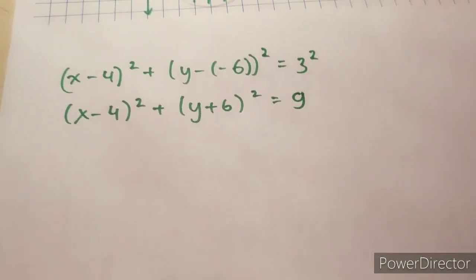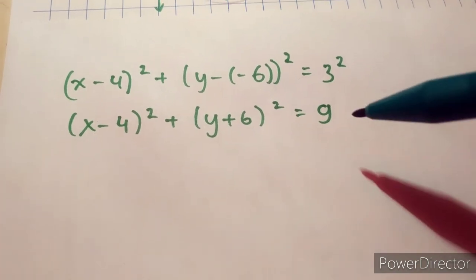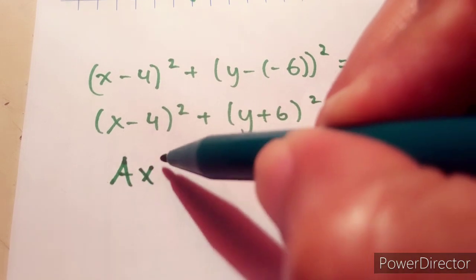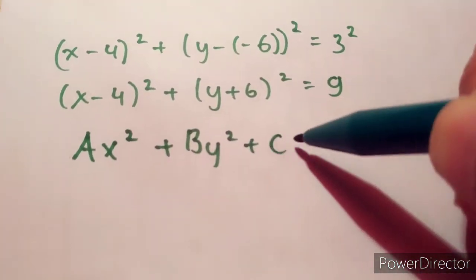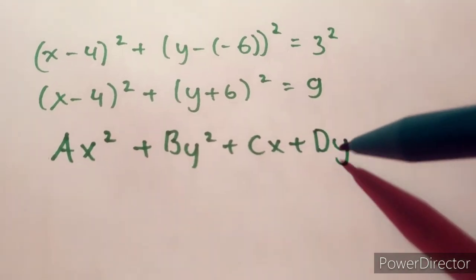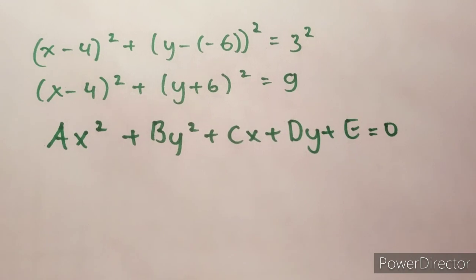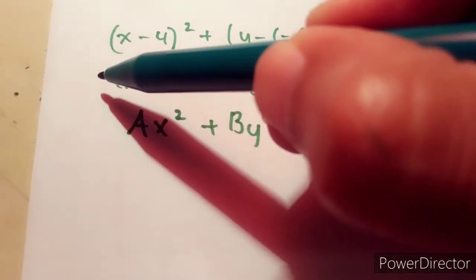So what if the final answer is expected not in the general form of a circle, but instead in this form: ax² + by² + cx + dy + e = 0? It means that we need to go forward, but it's relatively simple.